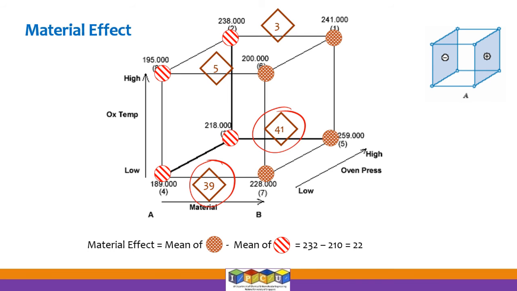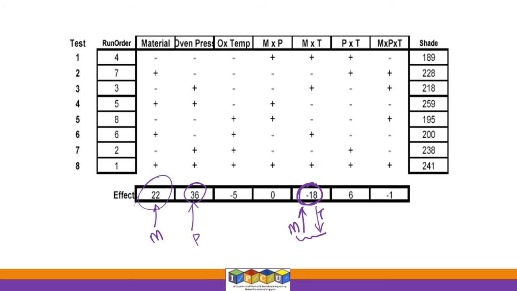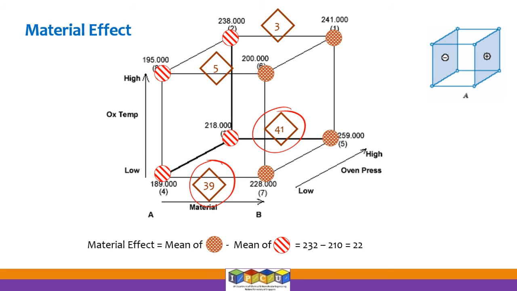That means the effect of material is high when the oxidation temperature is low as compared to when the oxidation temperature is high. So there is a significant material and temperature interaction. That is why this effect comes out to be dominant. That is one insight you can get from here.